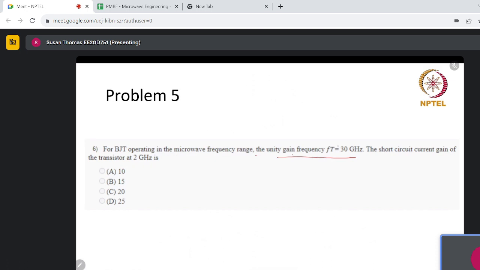FT is called the unity gain frequency. You should know the expression for FT. FT is gm divided by 2 pi C pi. This is with reference to the equivalent circuit model of a BJT. Please refer to that.